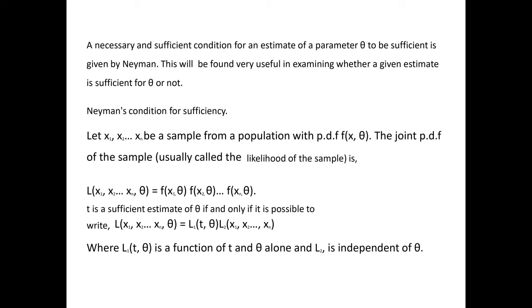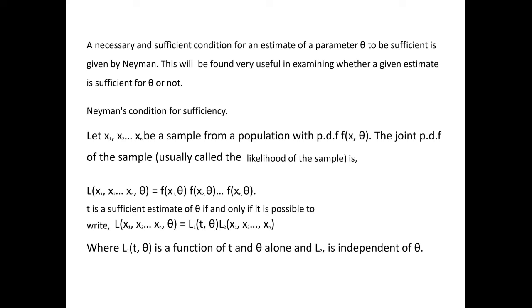Let x1, x2, etc. xn be a sample from a population with PDF f of x, theta. The joint PDF of the sample, usually called the likelihood of the sample, is L of x1, x2, etc. xn, theta, equal to f of x1, theta into f of x2, theta into etc. f of xn, theta.